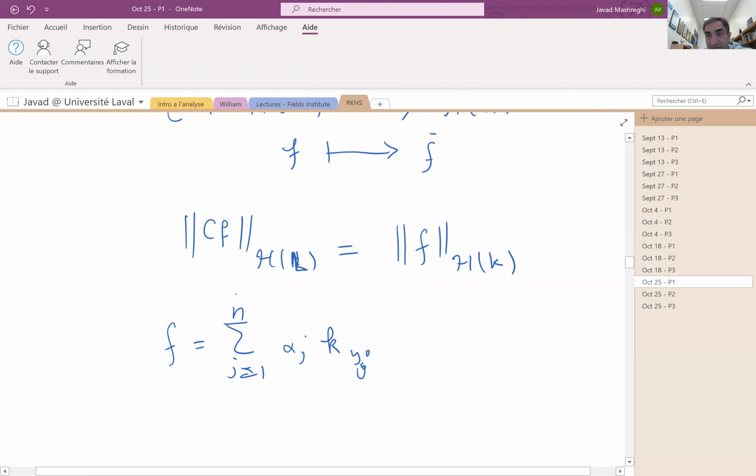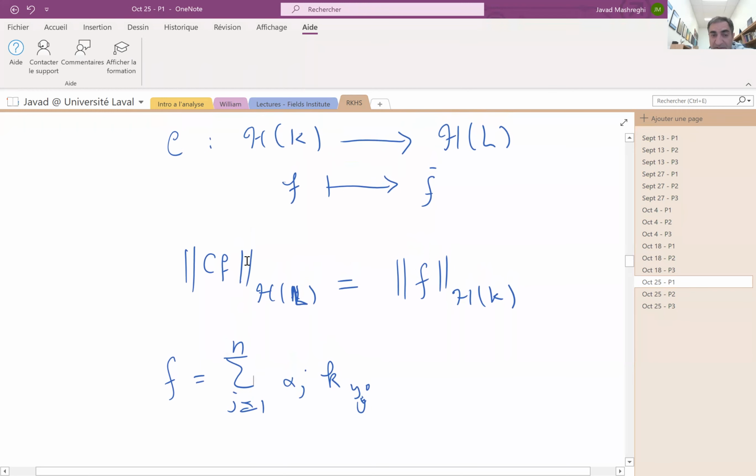And the good thing is that we know this, call it W as in Moore's theorem. W is dense in this space, and its image is also dense in H of L. And the rest is just taking a limiting argument and using the fact that convergence in norm implies pointwise convergence.